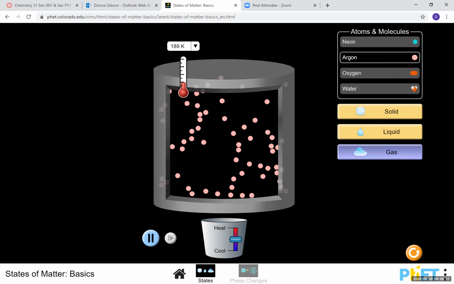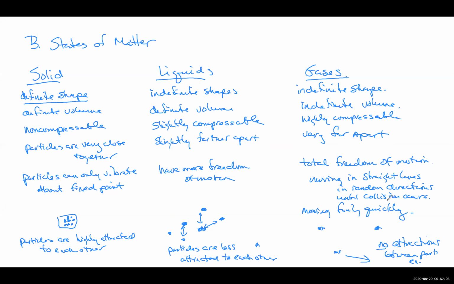So you should be familiar with solids, liquids, and gases, and you should be able to predict which things are solids, liquids, and gases. We'll have some practice with that in our group activity as we move forward in the course.